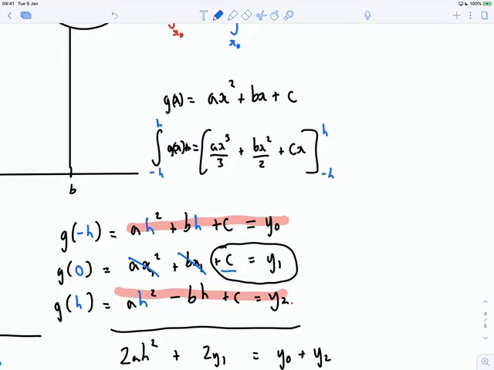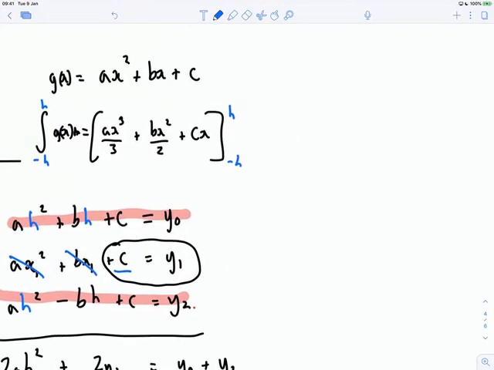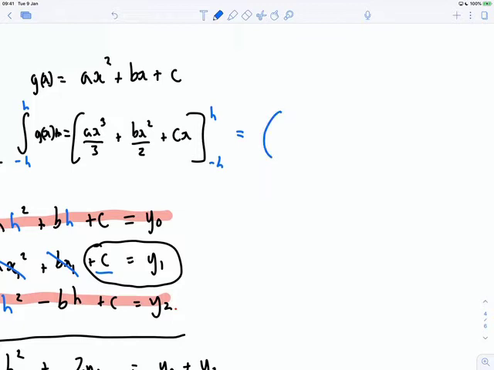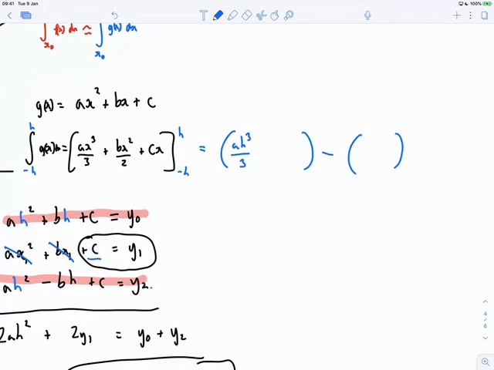And now, let's think about what happens. When you sub h in, you're going to have a lots of h cubed over 3 plus b lots of h squared over 2 plus ch. And on the right hand side, when x is minus h, you can have minus a h cubed over 3, and then plus b h squared over 2, and then minus ch.